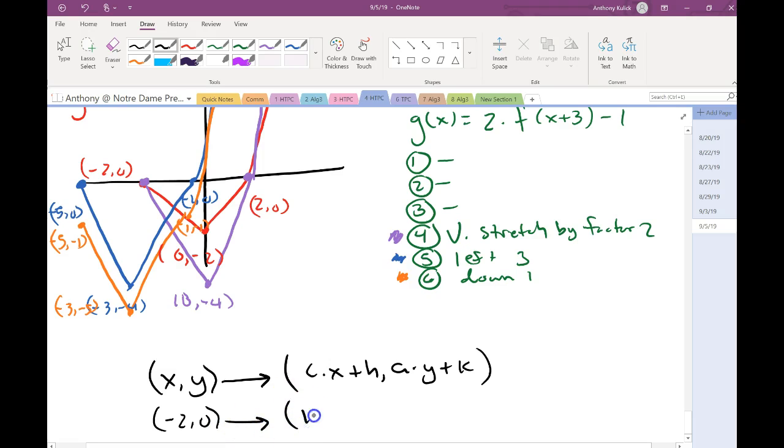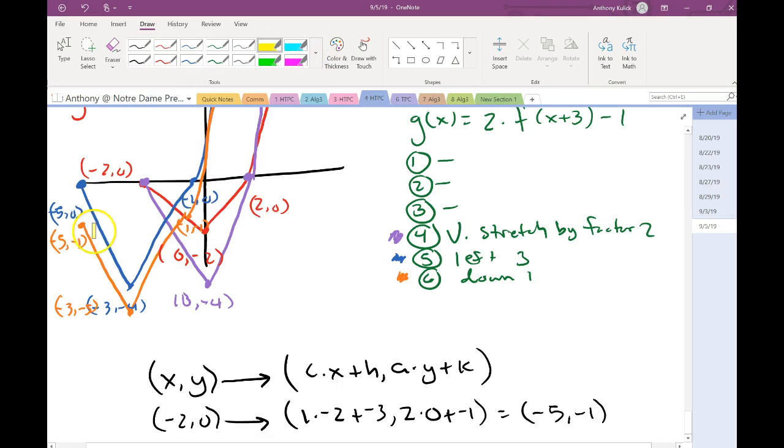So in our case, C was 1. The first point's x value is -2, and our h value is -3. Our a value was +2. The y in that case was 0, and our k value is -1. So that gives me the -5, -1, which is what that point -2, 0 turned into.